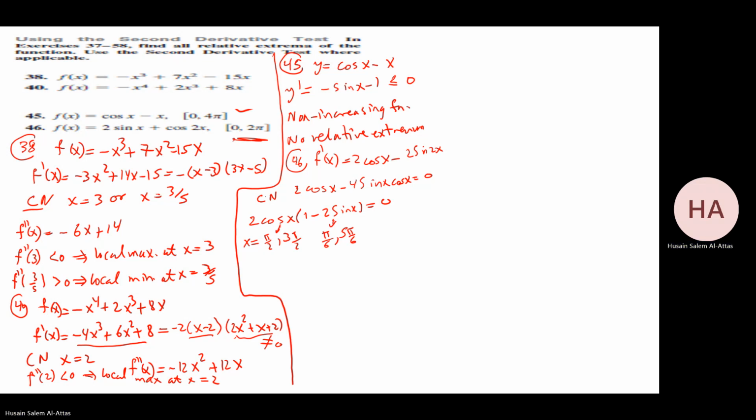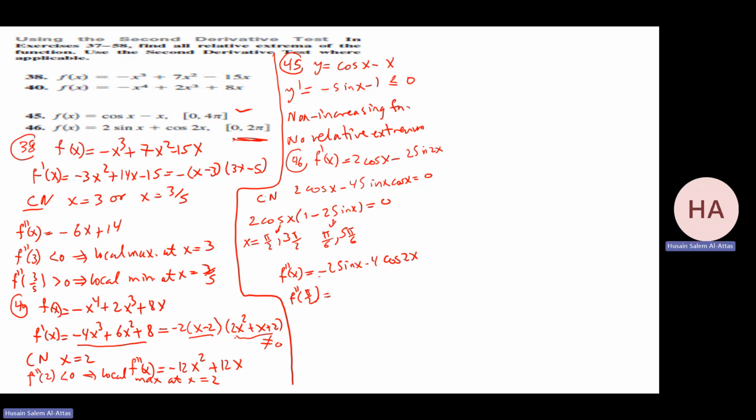Oh, I need to check f double prime. F double prime will be what? Minus 2 sine x minus 4 cosine x. I check them one by one. F double prime at pi over 2.